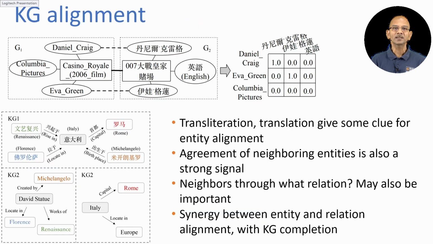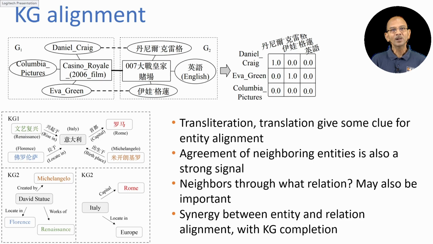Another important task around knowledge graphs is alignment between knowledge graphs in different languages. Here we show fragments of an English knowledge graph and a Chinese knowledge graph. As you can see, translation and transliteration can give certain clues about which entities in English should align with which entities in Chinese.